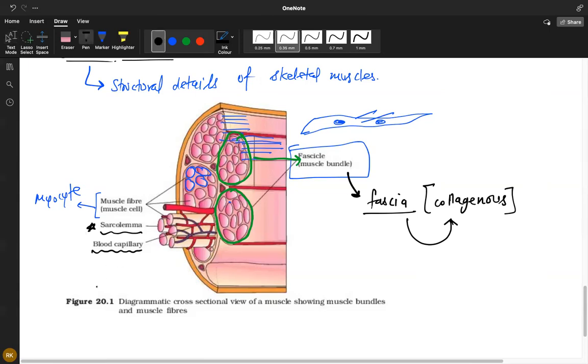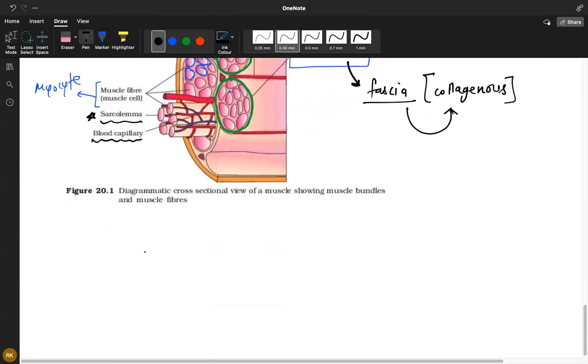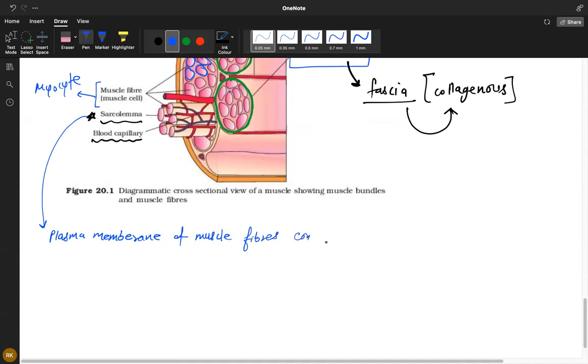So write down the next point: sarcolemma is like the plasma membrane of muscle fibers, enclosing the sarcoplasm.